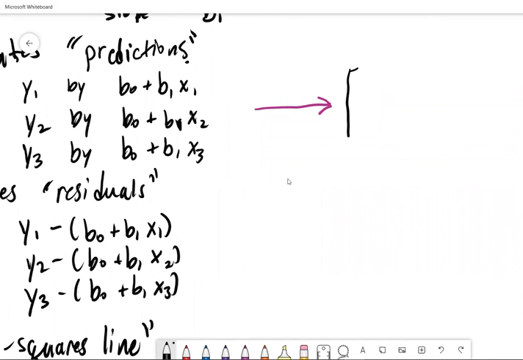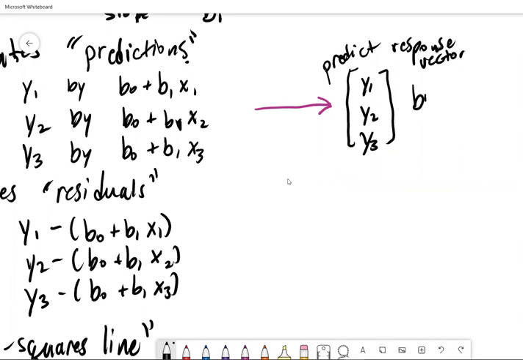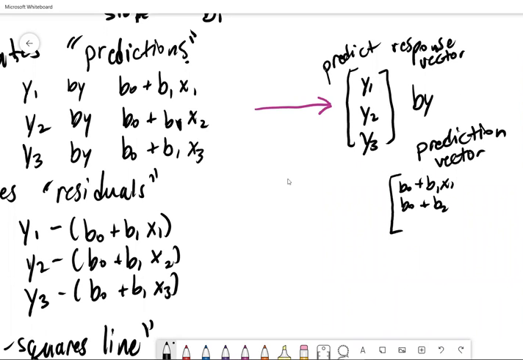We can write the predicted response vector y1, y2, y3 by the prediction vector: b0 plus b1 x1, b0 plus b1 x2, b0 plus b1 x3.